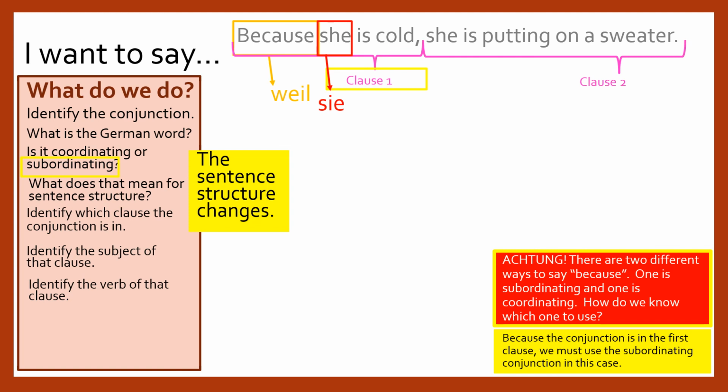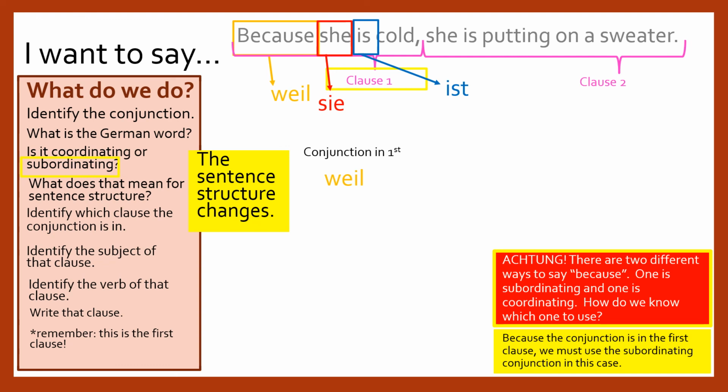Identify the verb of that clause. Ist. Now we need to write that clause. Remember, this is the first clause of our full sentence when we're done. So we're going to have that conjunction in the first position, weil, subject in second, sie, everything else of the sentence, kalt, and the verb last, ist.